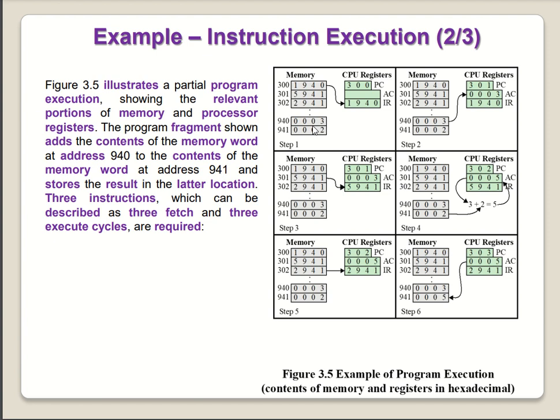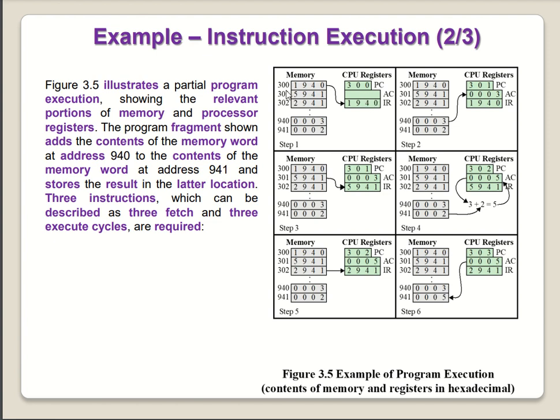Memory contains some instructions and some data, and the CPU registers contain some data, like PC contains 300. What does it mean? I'm going to fetch the instruction from location 300 and put it in IR.